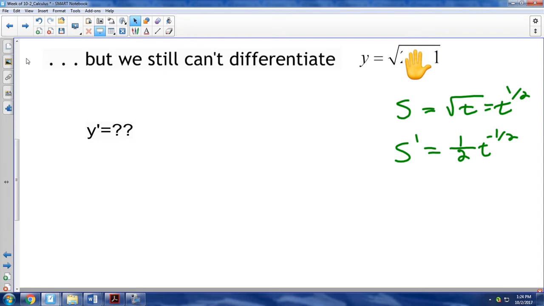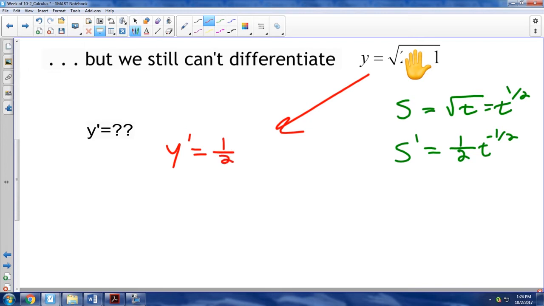So we have the square root of hand. So if it's the square root of hand, what do you think y prime is? You can use hand in your answer. Yes? 1/2 hand to the negative 1/2. Very good. It would be 1/2 hand to the negative 1/2 power.